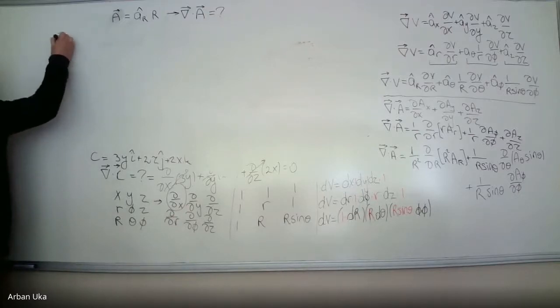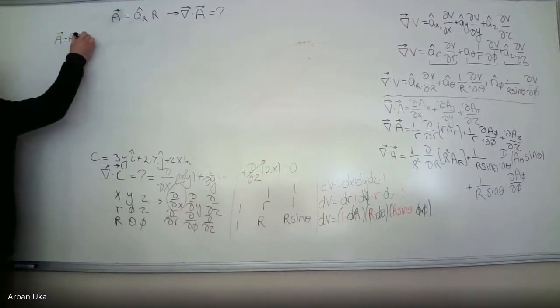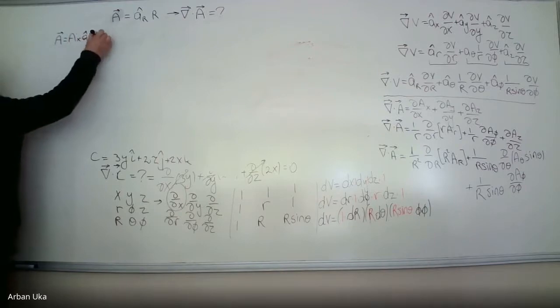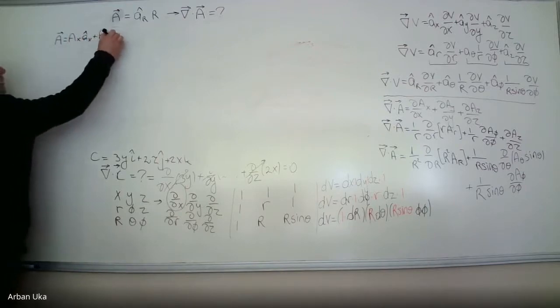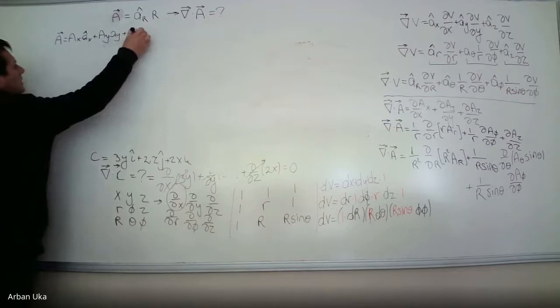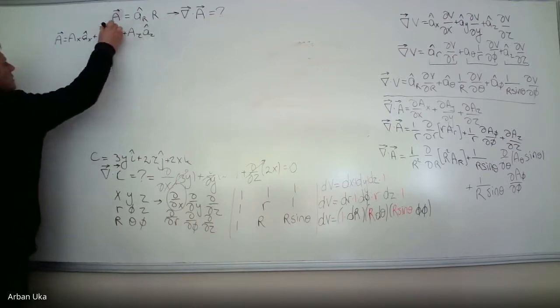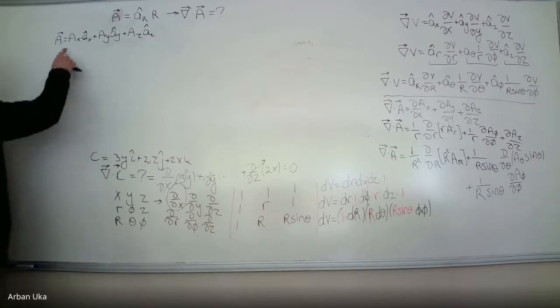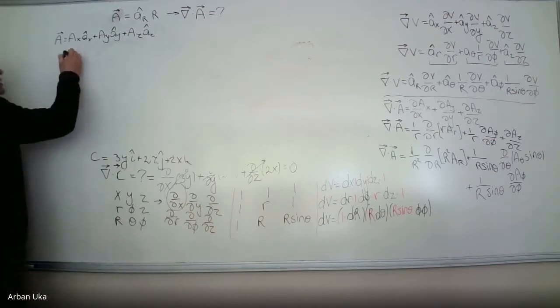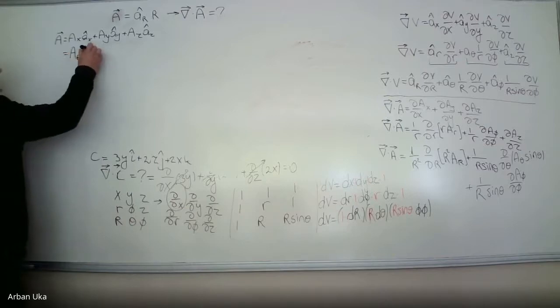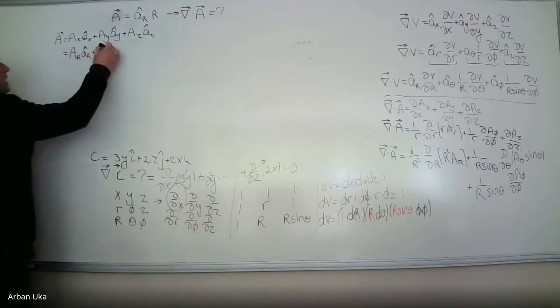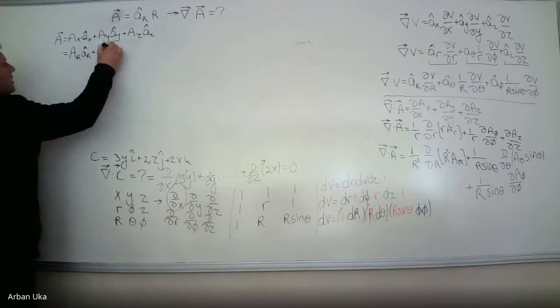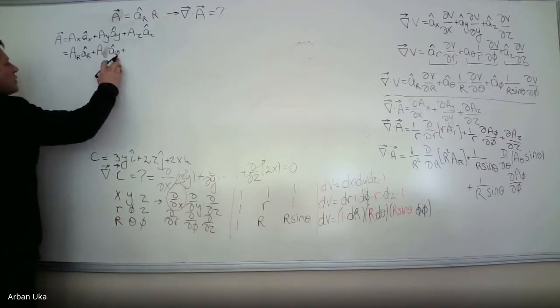A can be written as A_x a_x plus A_y a_y plus A_z a_z. Okay, so any vector can be projected through some values onto orthogonal directions. Similarly, this can be written as A_r a_r plus, sorry, it's not A_phi, let's assume we are doing this in the spherical coordinate system.